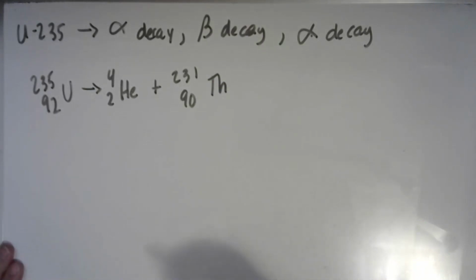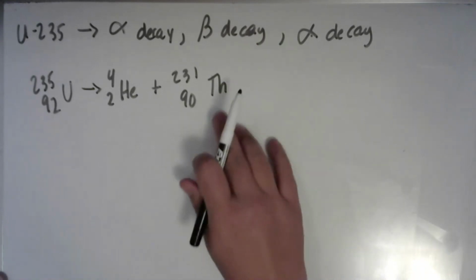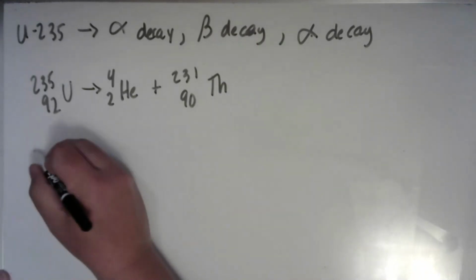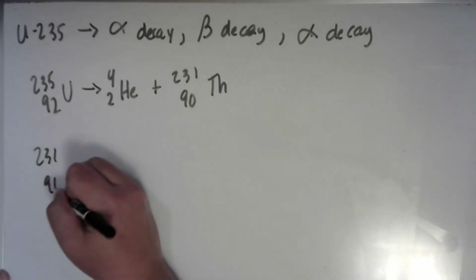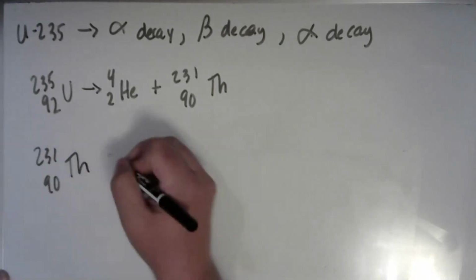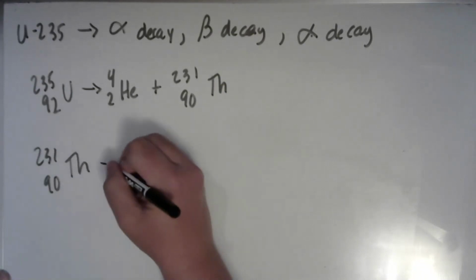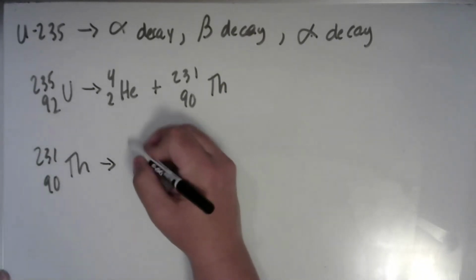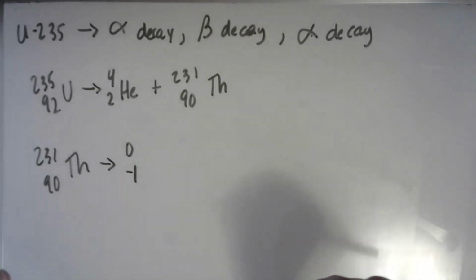Now our thorium is going to undergo beta decay, right? So I'm going to put that back down here. 231, 90, and we're going to have 0, -1.